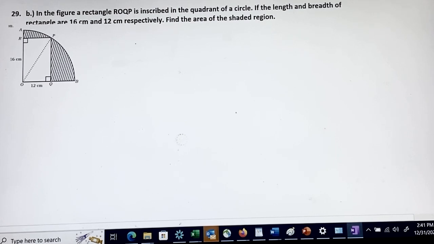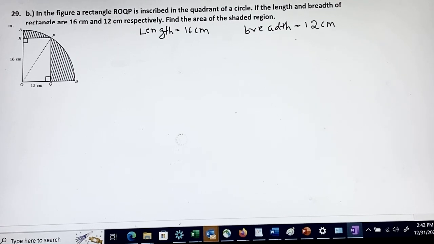Okay, so if you see here, they have given the length and breadth of the rectangle. So let's write length is nothing but 16 centimeter and breadth is nothing but 12 centimeter.